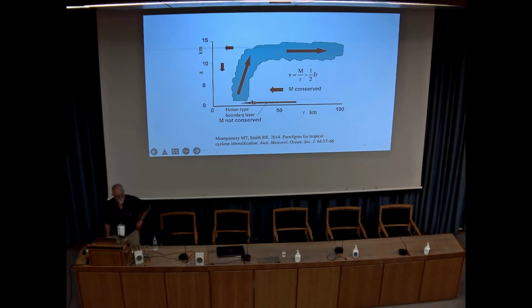There are two routes in here. The one that I talked about earlier was the radial velocity coming in through the boundary layer, by the Ekman effect, and I'll talk about that in a minute. And one is just due to cumulus convection in the early stages of a tropical cyclone, drawing air in. I think it relates to a question that was asked about how far you can go with just cumulus convection.